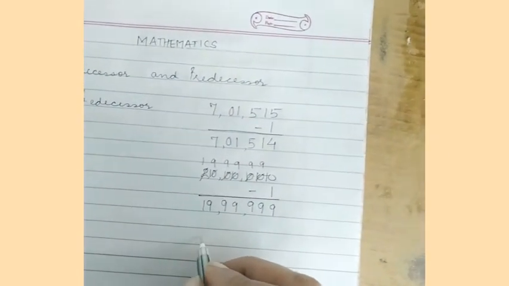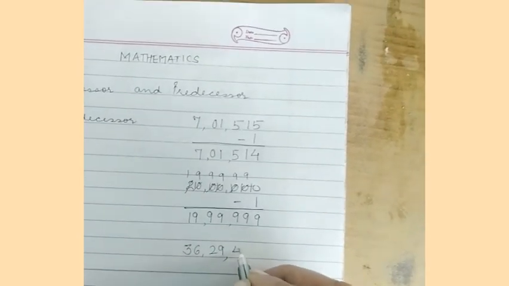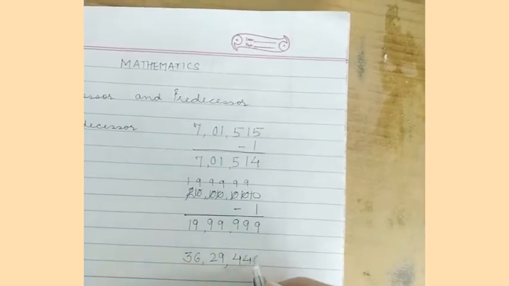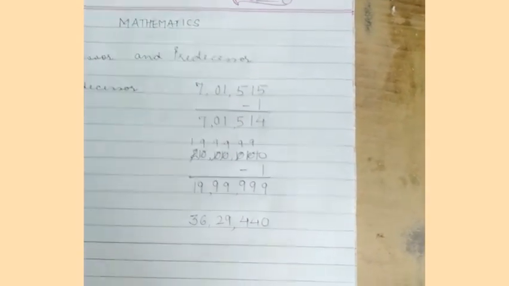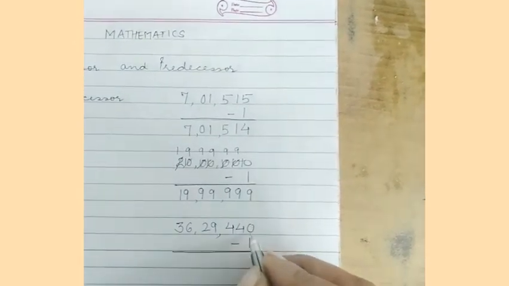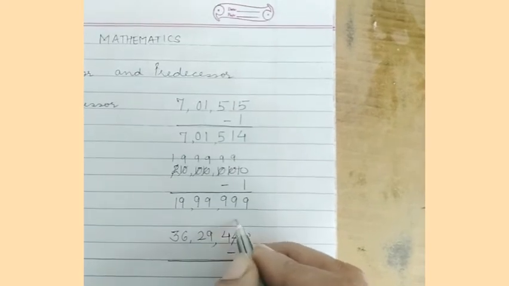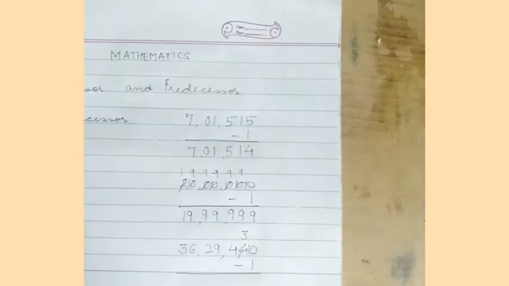So what is the predecessor of 36,29,440? Again, you just have to subtract 1. You cannot subtract 1 from 0, so again we need to borrow. But here we can borrow from 4. So cut 4, make it 3 and this becomes 10.